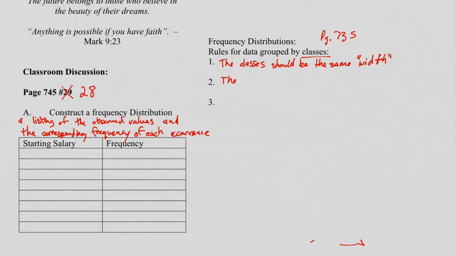The second rule is that the classes should not overlap. We'll see an example of that in a minute. You don't want two groups overlapping. You want to have everything separate.